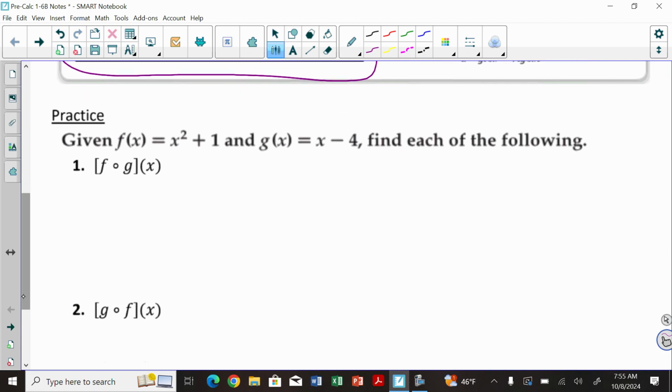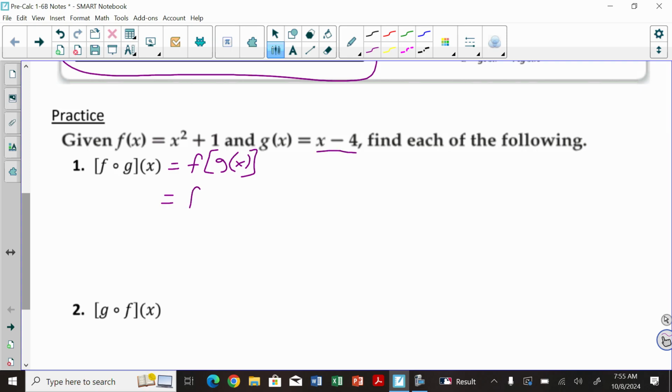Okay, so first, remember f of g of x is written like this. We're going to take f, and then we're going to evaluate g of x into that f function. First, g of x is x minus 4.